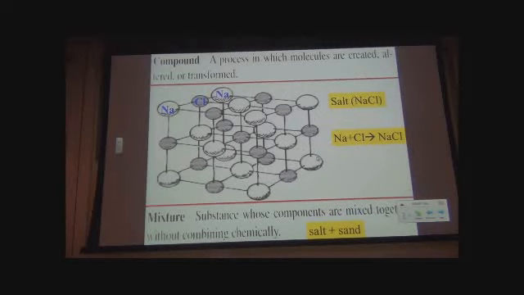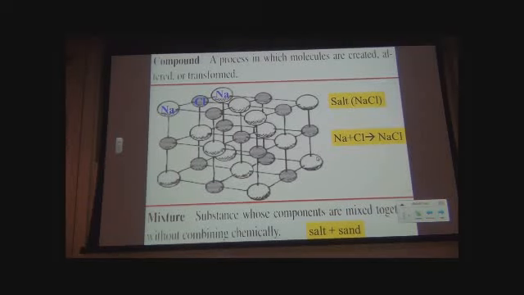A compound is also, and not listed there, the compound is also something like sodium chloride, where these two atoms, sodium and chlorine, are holding hands, right? So the properties of the sodium chloride is completely different from the properties of sodium or the properties of chlorine, right? So chlorine is a very reactive gas.